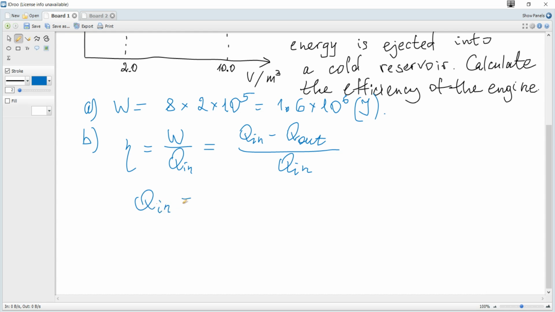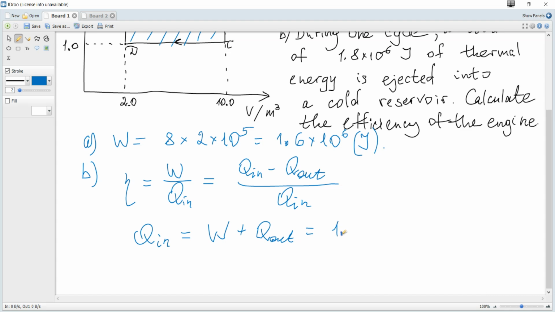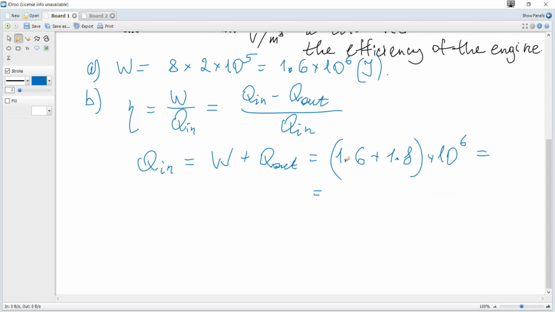Total energy in, and it is equal to work, useful work, plus Q out, and it is equal to what? 1.6 plus 1.8 times 10 to the power of 6 joules, and it is equal to what? 3.4 times 10 to the power of 6 joules.